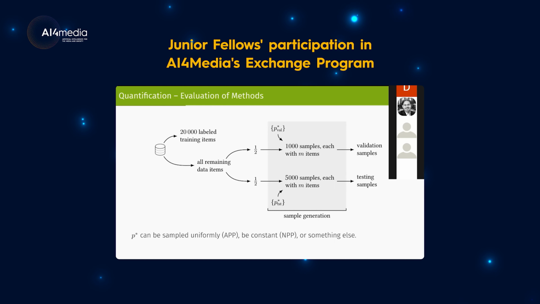And then you can sample sets of data for validation and sets of data for testing. Here we have multiple different experimental protocols that we can use to produce the samples, with different prior probability shifts.